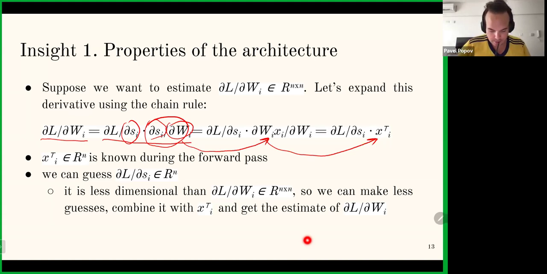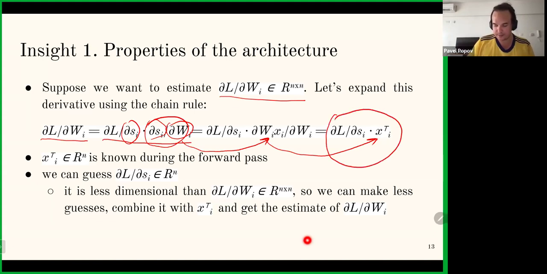We started with n squared dimensions, and we end with this expression where one term is known and the other has n elements. So we effectively reduced our problem from making n squared guesses to making only n guesses. That's quite a good result, but it is not that novel. Some people did that before.